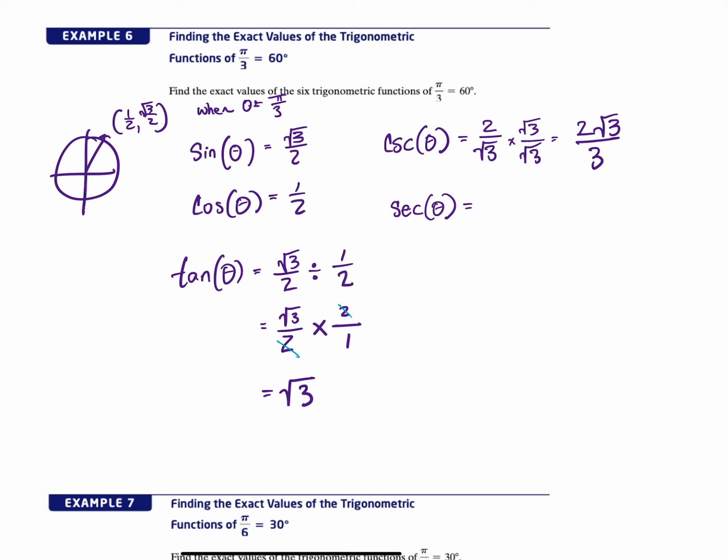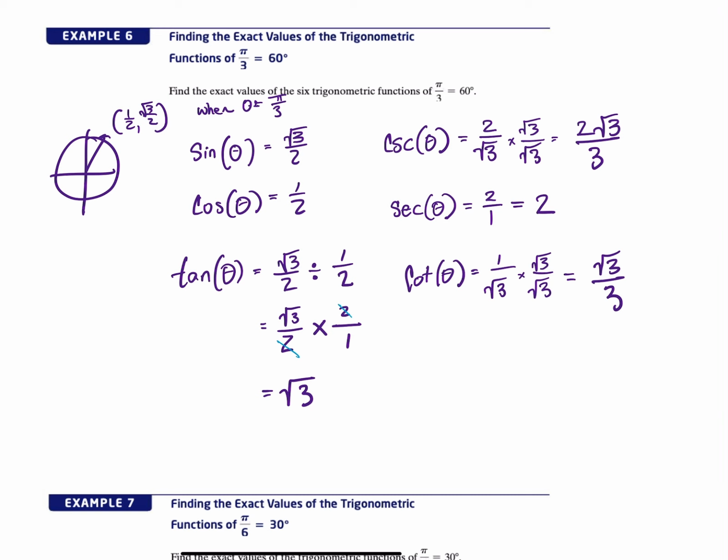So instead of 1 over 2, it'll be 2 over 1, or just 2. And then the cotangent is the reciprocal of the tangent. So instead of root 3 over 1, I can say 1 over root 3, and then rationalize. And I'll get root 3 over 3.